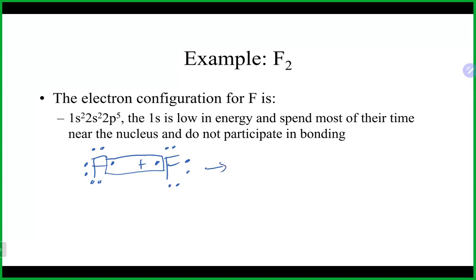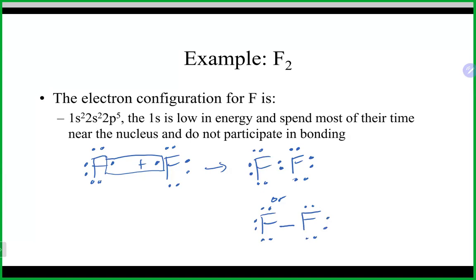And the result is we will end up with a bond between the fluorines, where, as we were just talking about, you can represent it with dots. You also can represent it with the line that shows those electrons being shared, or the bond, if you will, and just use dots on the other ones if you want.